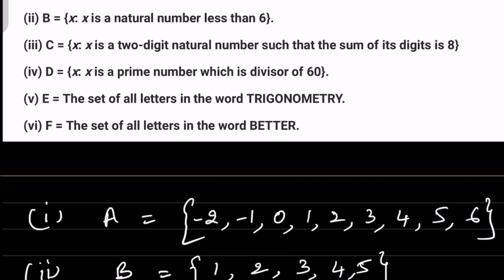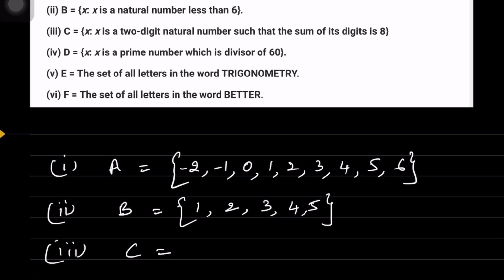Next, the third one we have: C is equal to {x such that x is a 2-digit natural number such that the sum of its digits is 8}. So it's a 2-digit number where the sum of these digits is 8. Now you can take 17, when you add both the digits it's equal to 8.